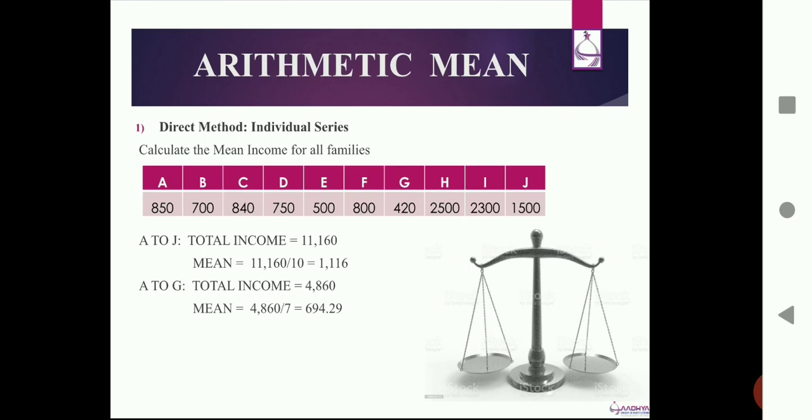So when we calculate only for A to G families, which are comparatively poorer or middle class, we have approximately a 400 rupees decrease in the average income of these households. That means that the inclusion of the rich families was pulling up the average by almost 400 rupees.